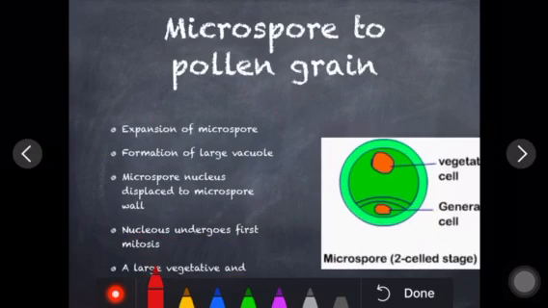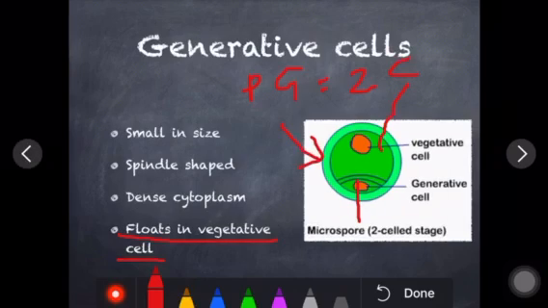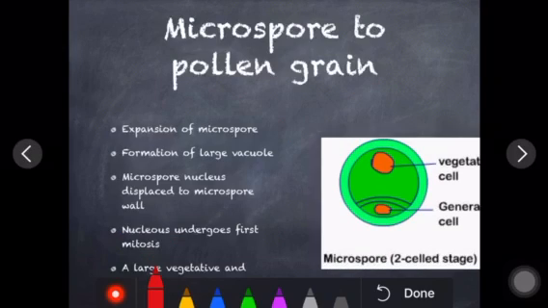So we will discuss how the generative cell floats in the vegetative cell. We'll see further. First, you have to keep it in proper sequence. So the microspore is changing into the pollen grain, right?